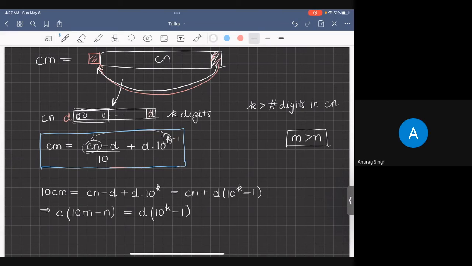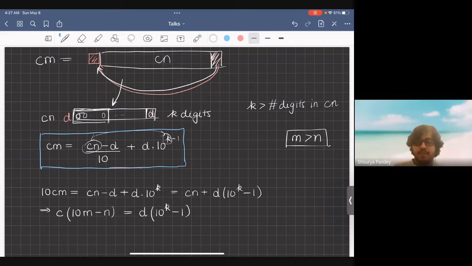If N is some multiple of 10, then we have that D is smaller than 9, but on the other hand, it should also be some multiple of 10. So we get a contradiction. So 10m is equal to n. But that makes no sense, right? Because M and N are given to us. So it's something weird.